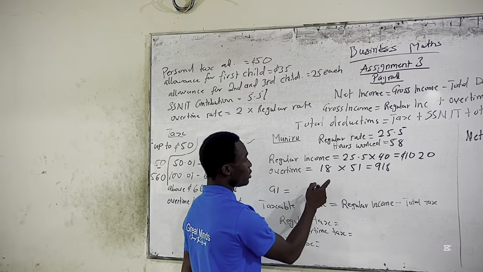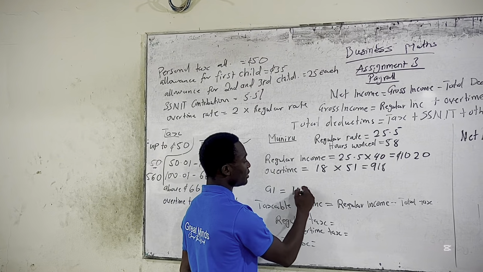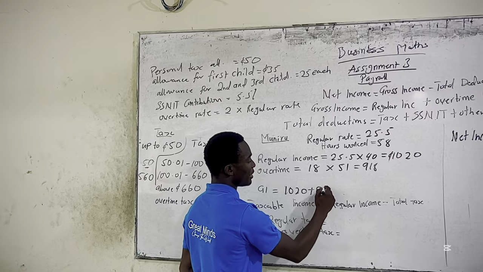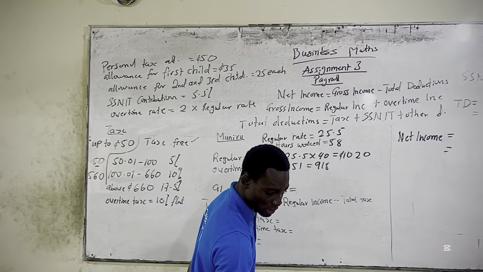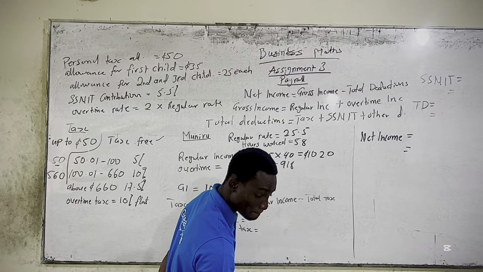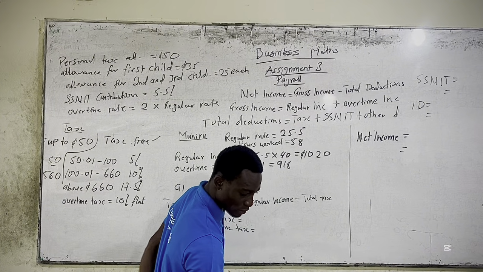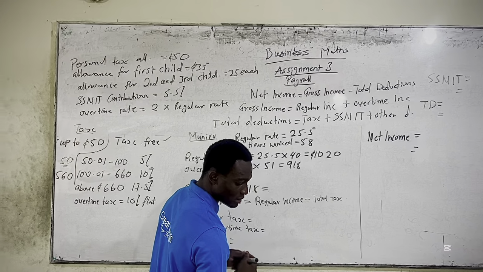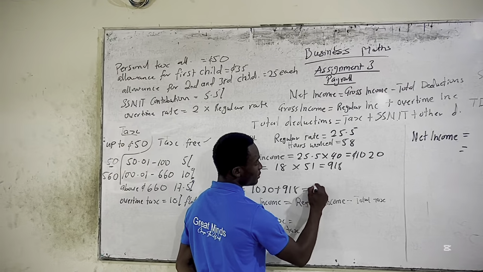So gross income is going to be 1,020 plus 918, which is going to give you 1,938.